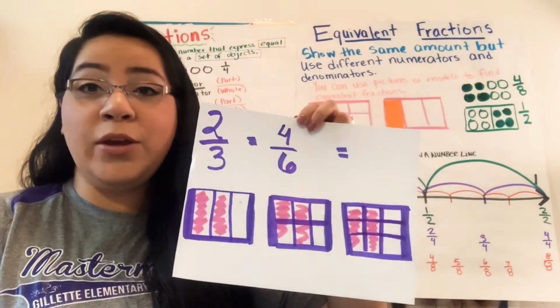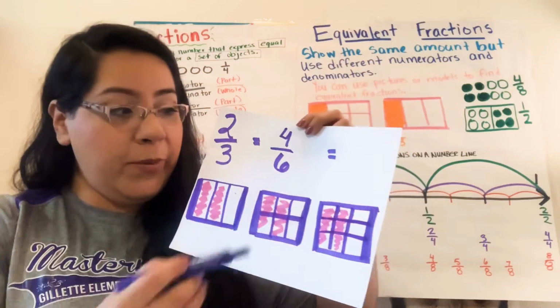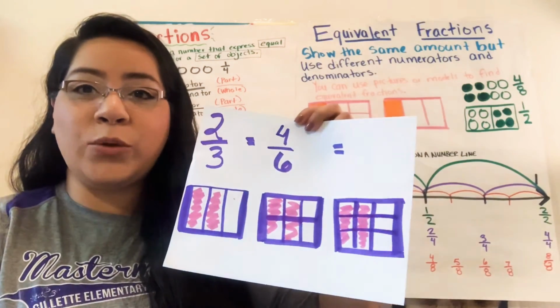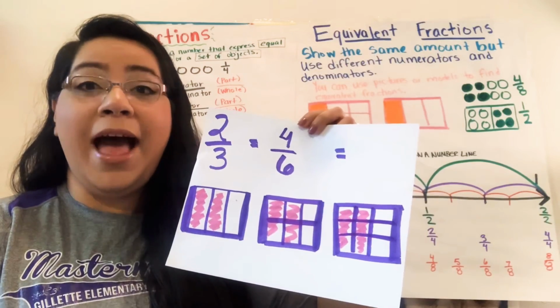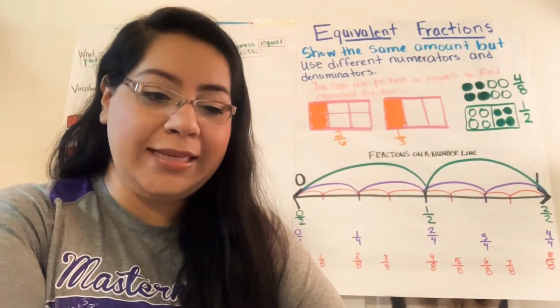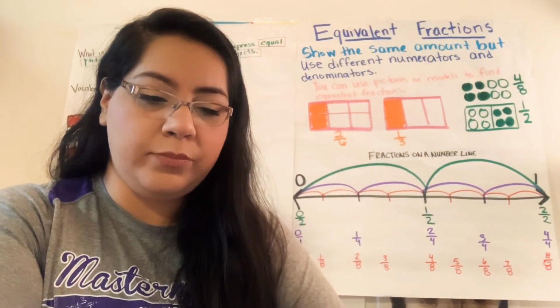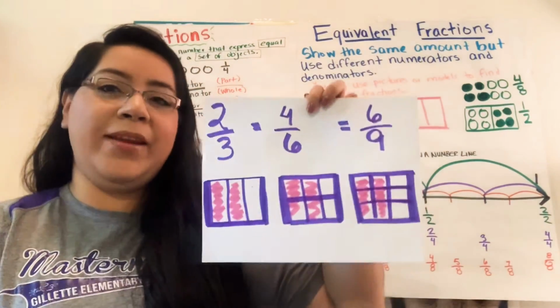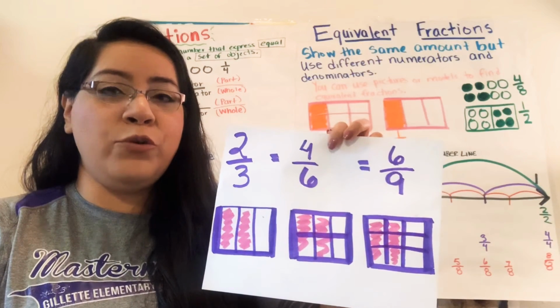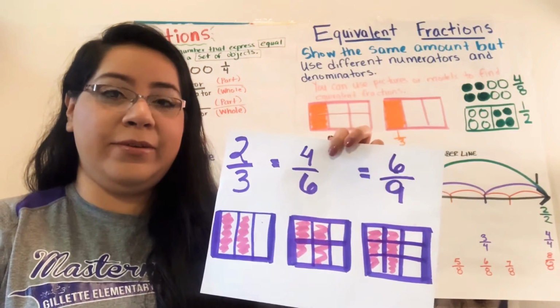So right now my equivalent fraction would be, I have 1, 2, 3, 4, 5, 6 squares shaded in out of 9. So then I have my last equivalent fraction, 6 out of 9.